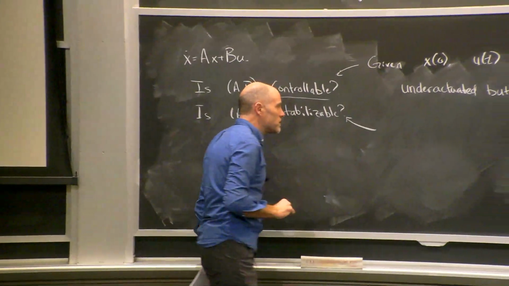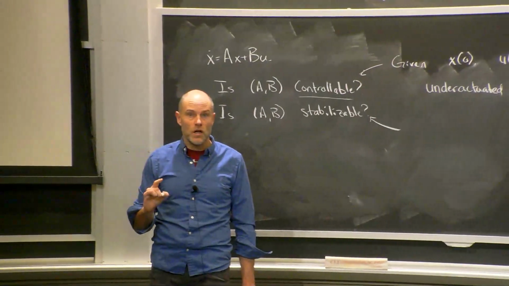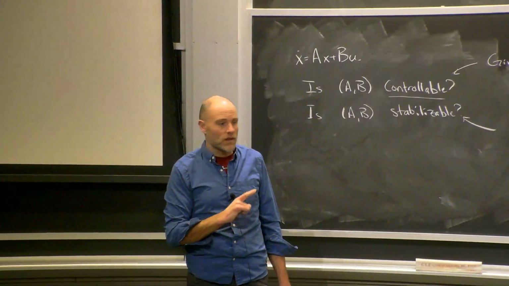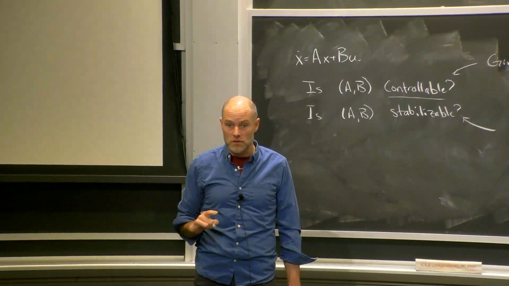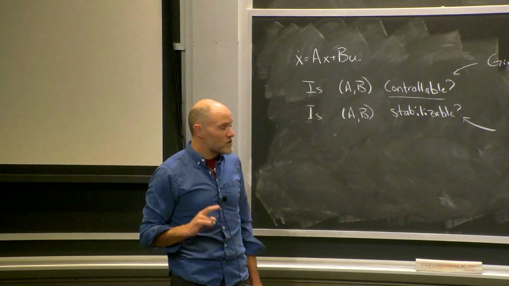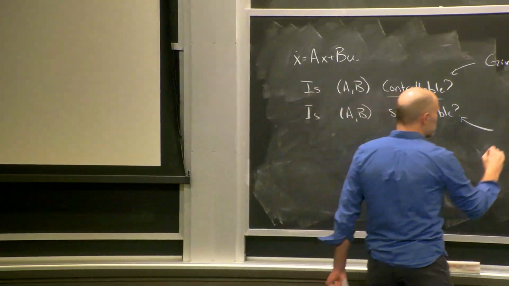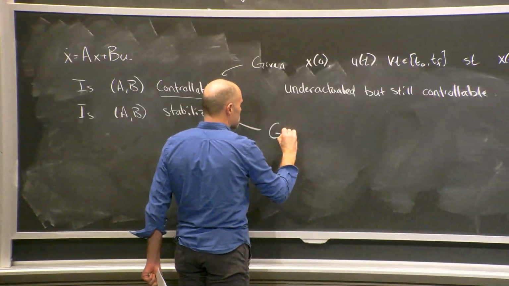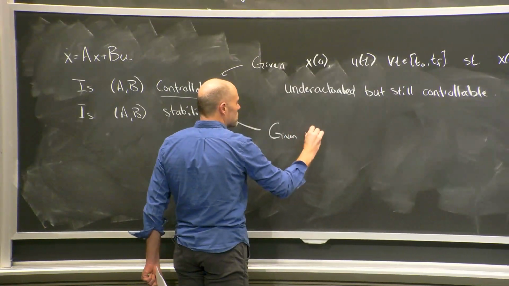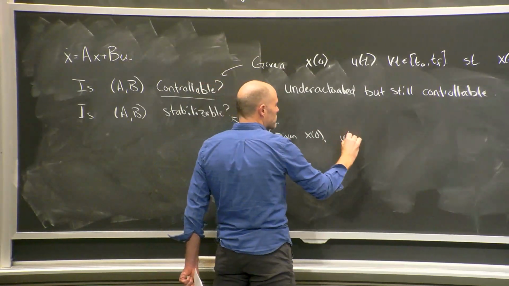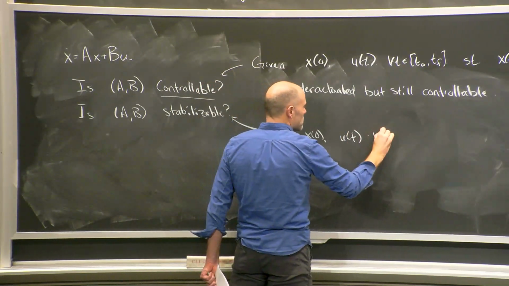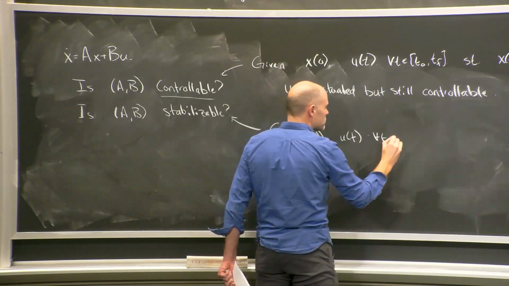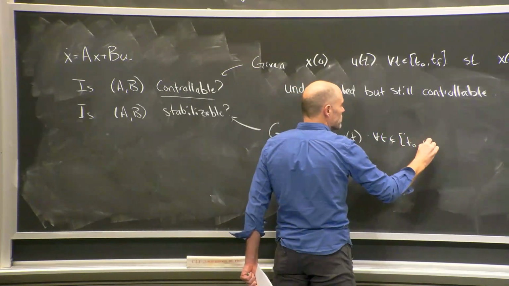Stabilizable is actually, for linear systems, a strictly weaker condition than controllable. It just says, given an x0, find me a u of t defined for t0 to infinity.